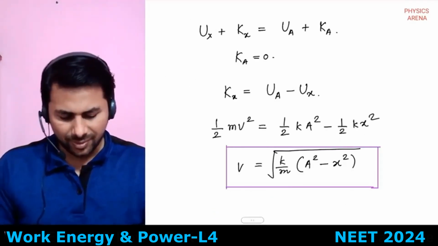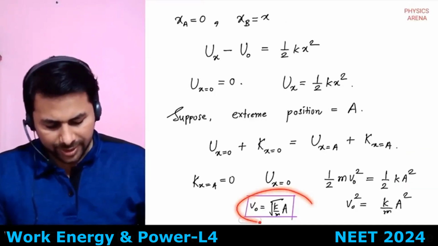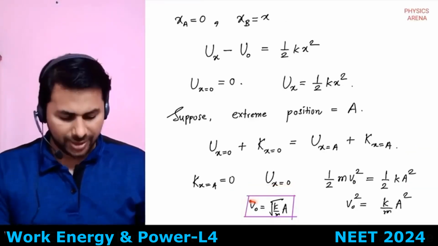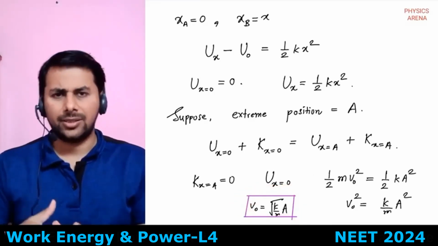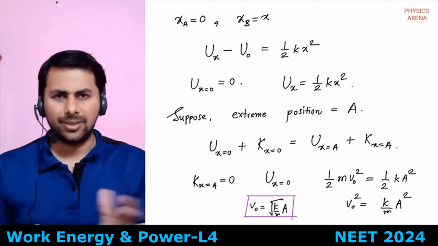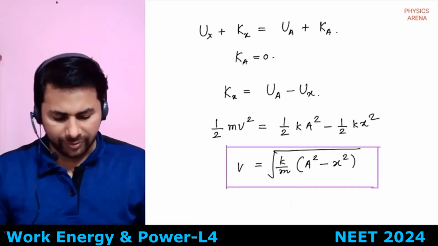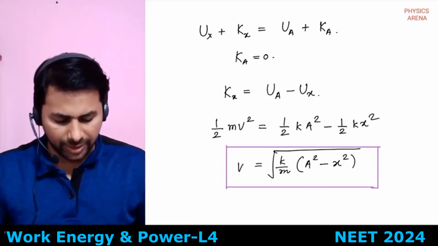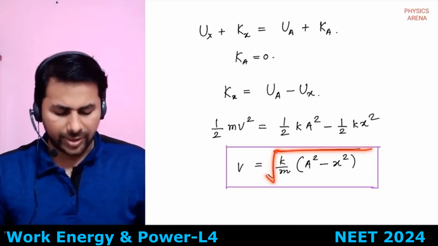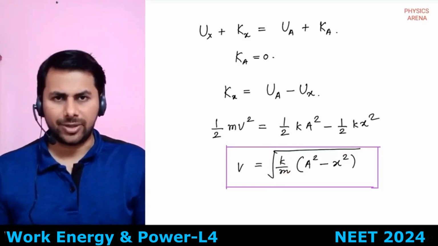Okay, right? And then again substituting, and taking some different x, not the extreme, not the mean position, we get v, the speed of a particle at a particular x, equal to the square root of k upon m multiplied by a square minus x square.